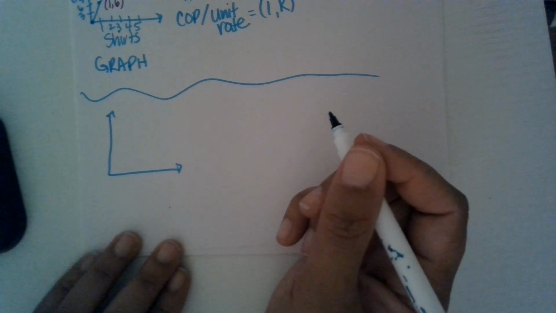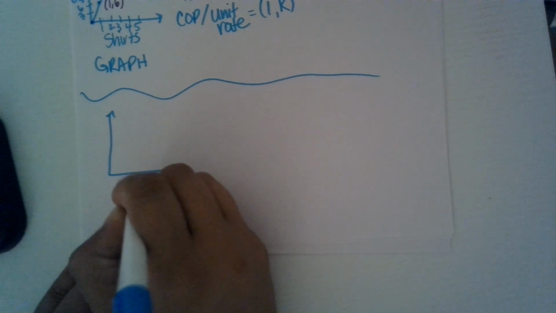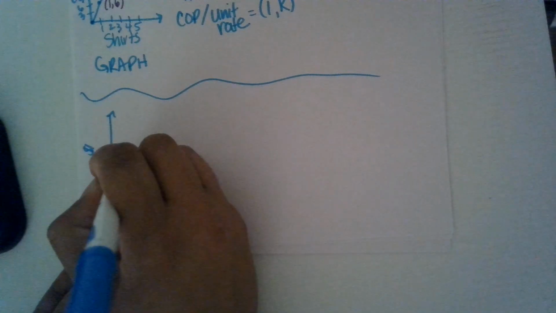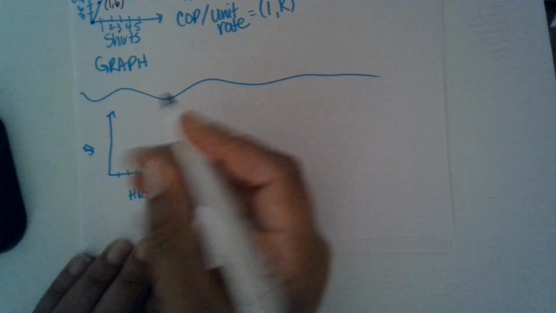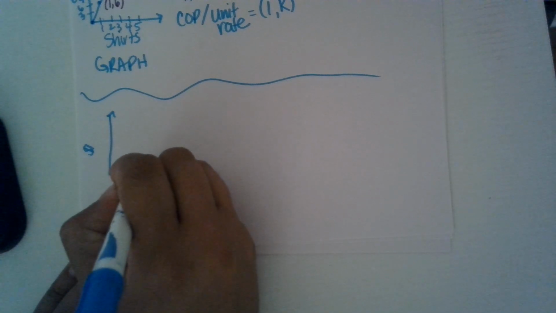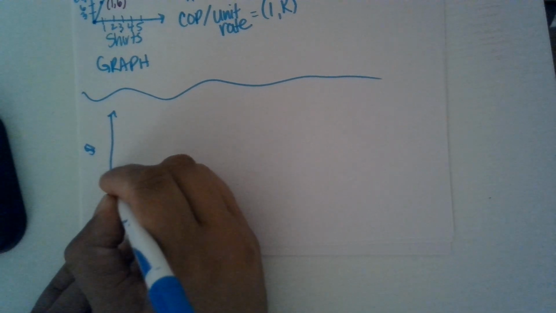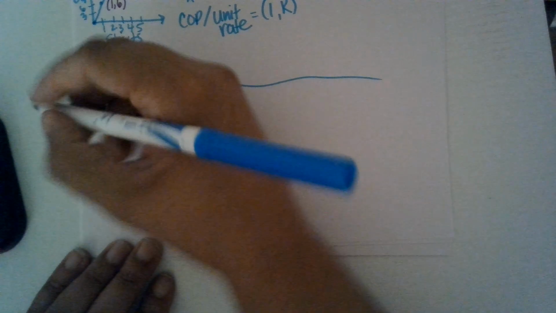If I give you a graph, this represents hours, this represents your cost. And I'm giving you a straight line.